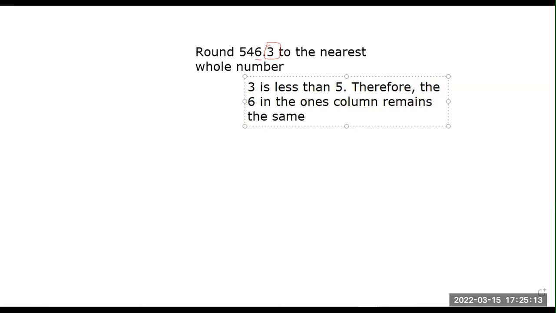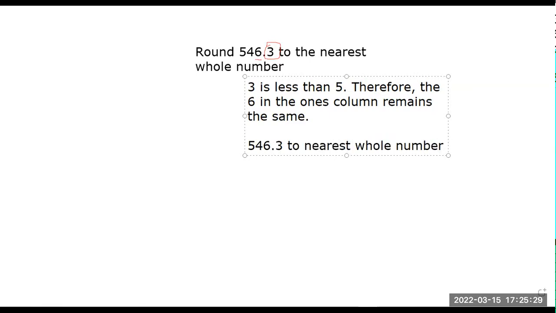Only if it was 5 or more could we have added 1 to make it 7, but that's not the case this time. So 546.3 rounded to the nearest whole number would be just 546, right? So this is rounding to the nearest whole number.